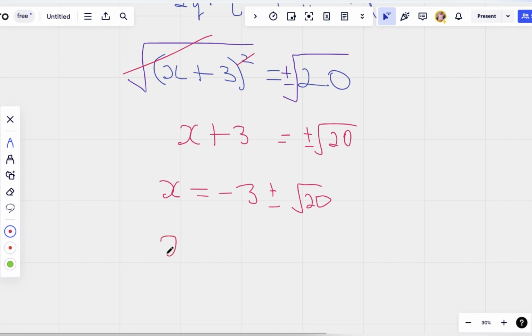Okay, so we have x equal to negative 3 plus 4.72, or negative 3 minus 4.72.